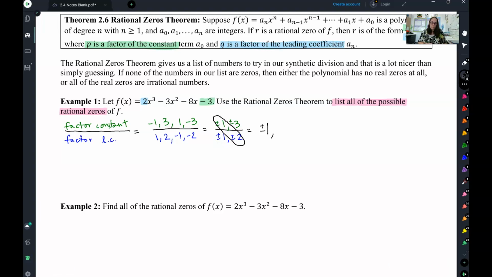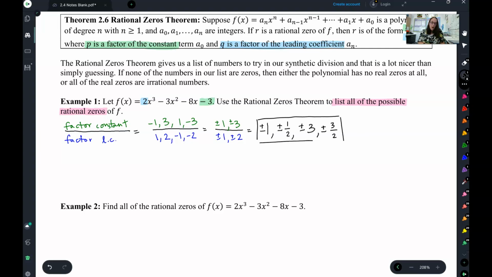Plus or minus 1 divided by plus or minus 2 is plus or minus 1/2. So we took the 1 to everything in the denominator. Now let's take the 3 to everything in the denominator. Plus or minus 3 divided by plus or minus 1 gives me plus or minus 3. And finally, take the 3 to the 2. Plus or minus 3 divided by plus or minus 2 is plus or minus 3/2. So this is our list of possible zeros.